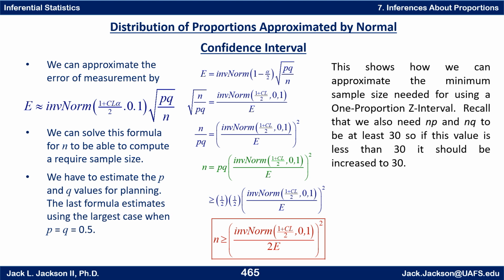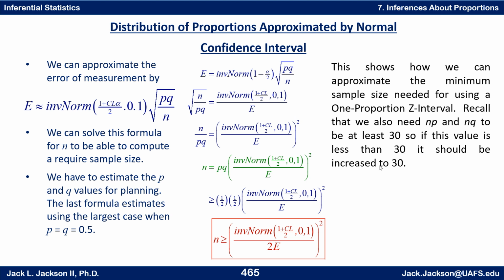Now, remember that this needs both np and nq to be at least 30. So if this value is too small, well, np, where p is half, is going to be half of n, and that needs to be at least 30.